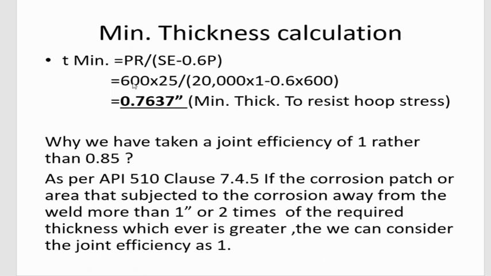In our case, our design pressure is 600 psi, the radius of the vessel is 25 inches, our allowable stress is 20,000 and joint efficiency is 1. So we will put these variables into this equation, then we will get a minimum thickness equal to 0.7637.